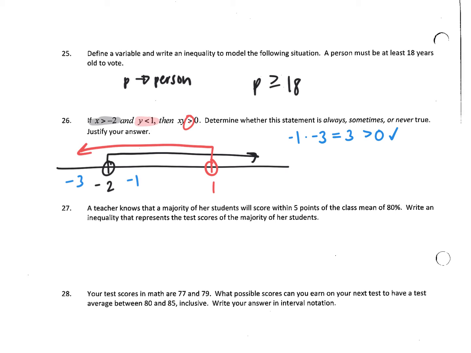Now, I could have picked a number, instead of -3, I could have picked 3 over here. Well, if I have x, which is -1, and y, which is 3, that gives me -3, which is not greater than 0. So, this is sometimes true.